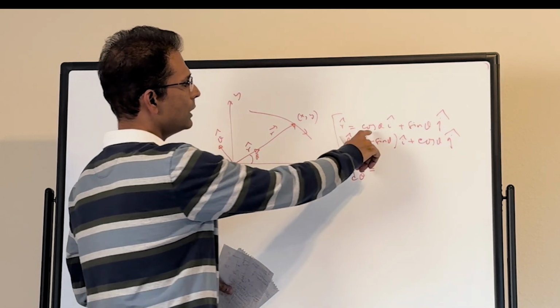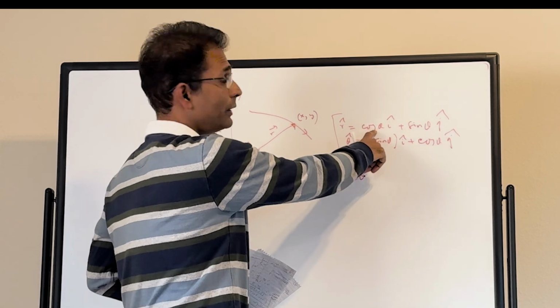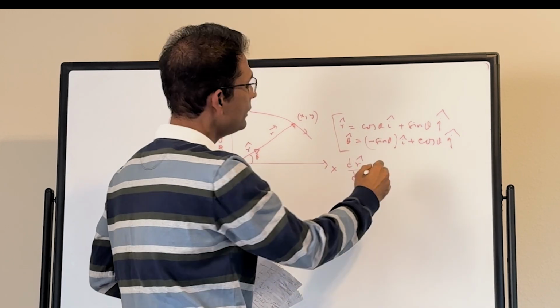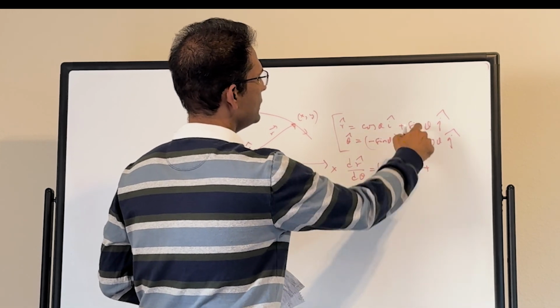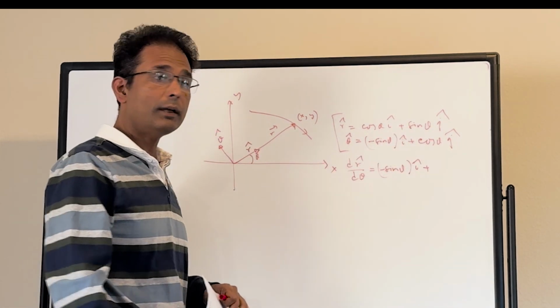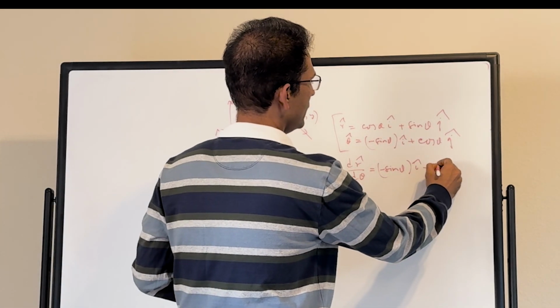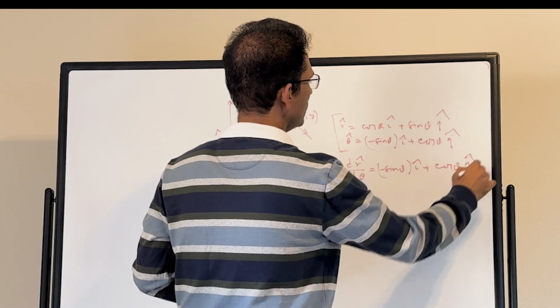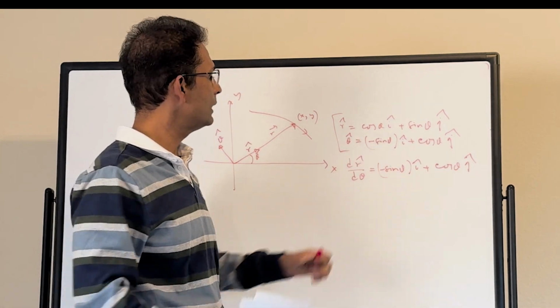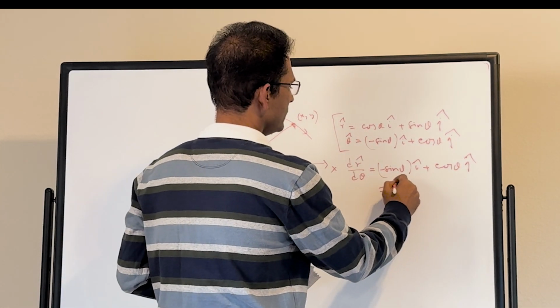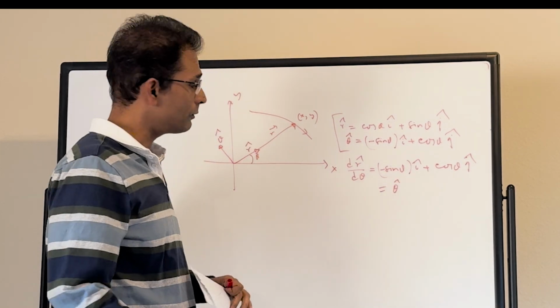You take the derivative of the x component first, and you get minus sine theta i hat, and if you take the derivative of sine theta, you get cosine theta j hat. Now you see, this is just what theta hat is, right? So dr hat d theta is theta hat. That's one of the relations.